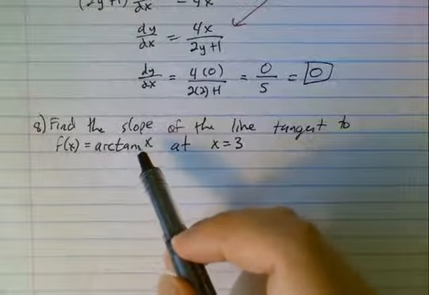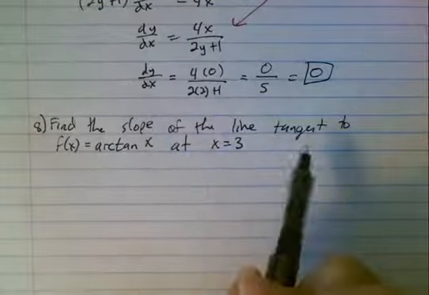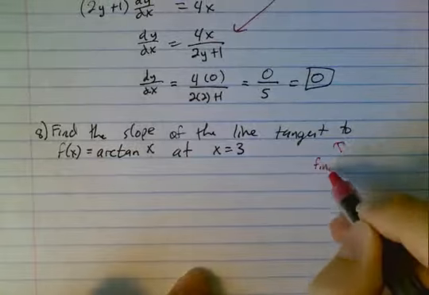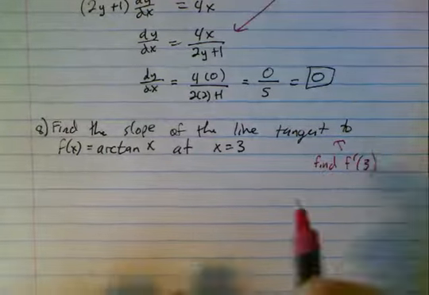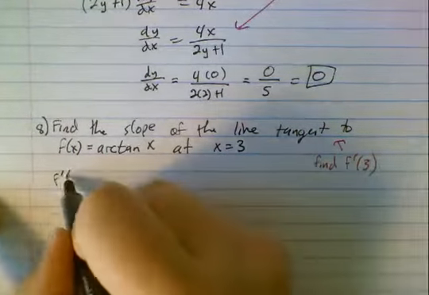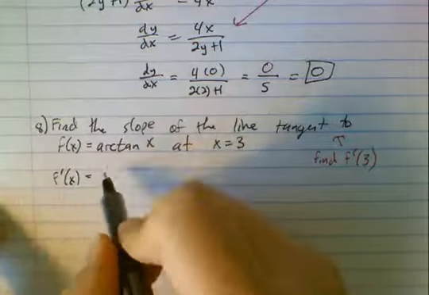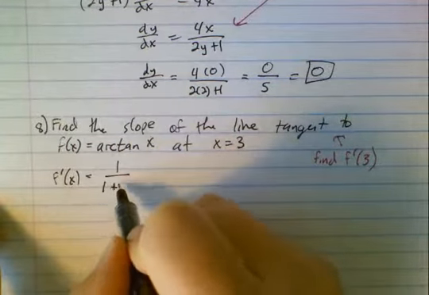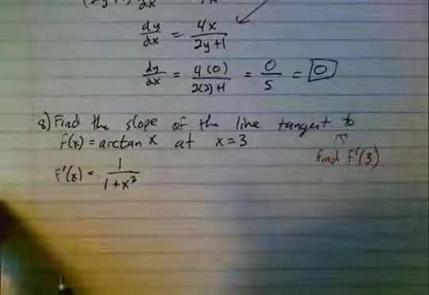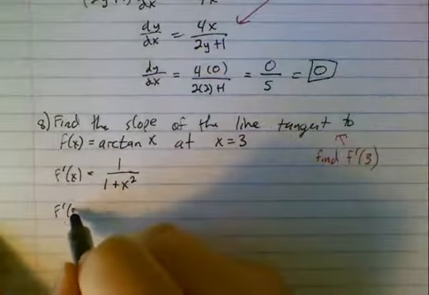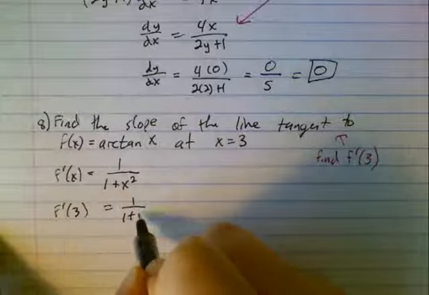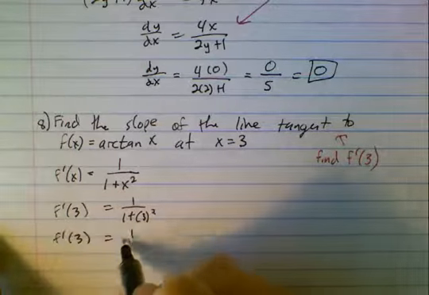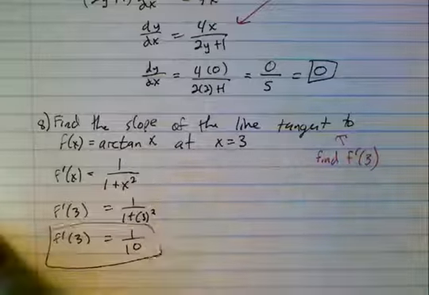It's just a formula, just kind of gets to be memorized. Again, slope of the tangent line at x equals 3 means find f prime of 3. So let's start out with f prime of x. Just got to memorize this one. The derivative of arctangent of x is 1 over 1 plus x squared. Just is. F prime of 3, 1 over 1 plus 3 squared. One tenth.